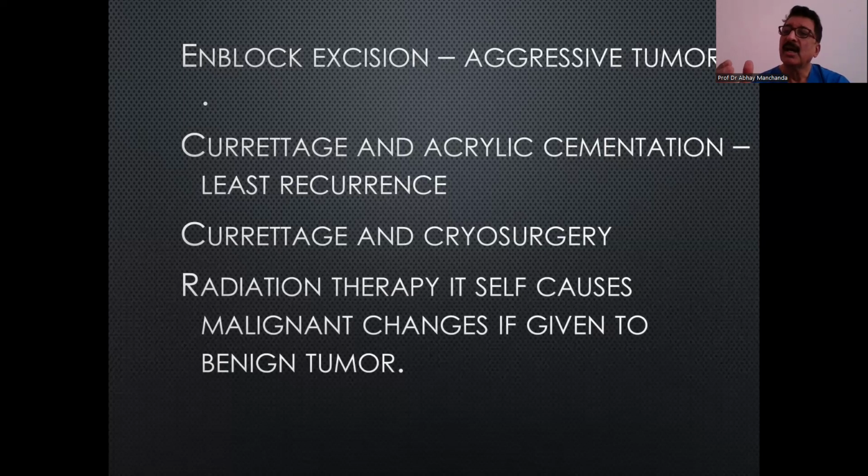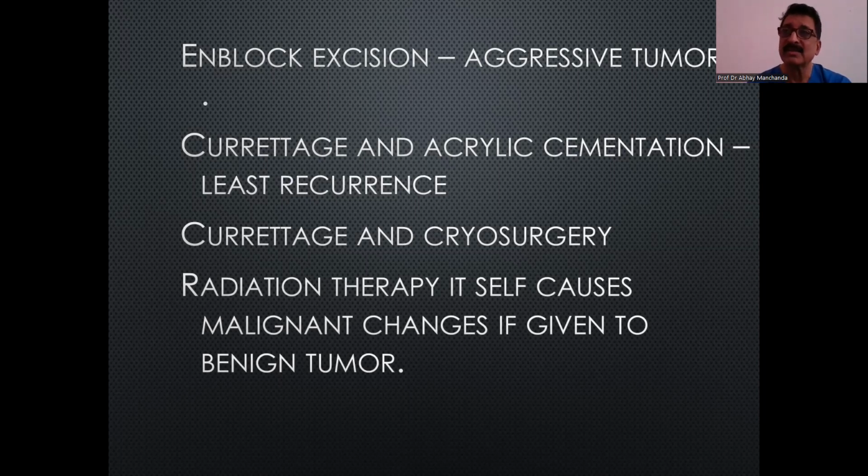That means you have to curette it and you have to use some adjuvants. Adjuvants can be phenol or liquid nitrogen. All these things reduce the rate of recurrence. But once you have got a big cyst, you have to fill the cyst with bone graft or maybe cement.